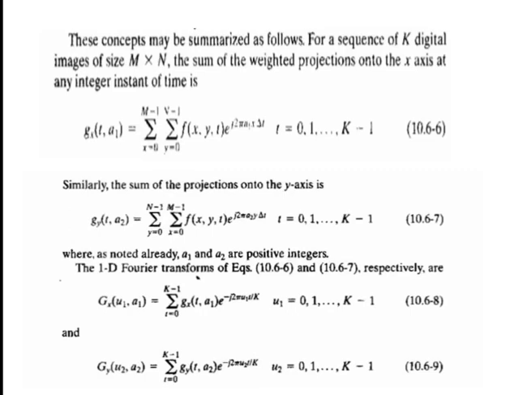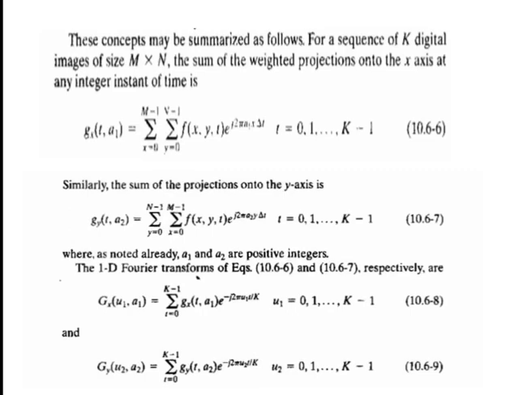Similarly, the sum of the projections onto the y-axis is g y of t, a2 is equal to summation of y is equal to 0 up to n minus 1, summation of x is equal to 0 up to m minus 1, f of x, y, t, e raised to j 2 pi a2 y del t, t is equal to 0, 1 up to k minus 1, where as noted earlier a1 and a2 are positive integers.